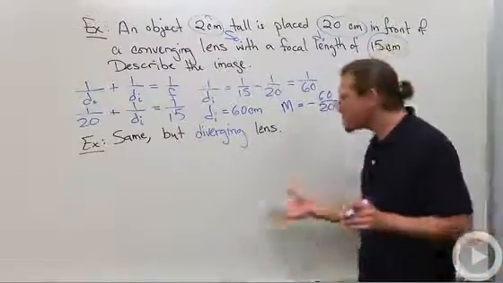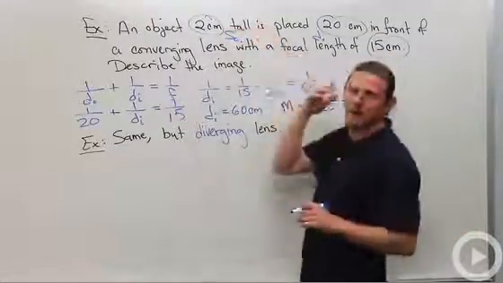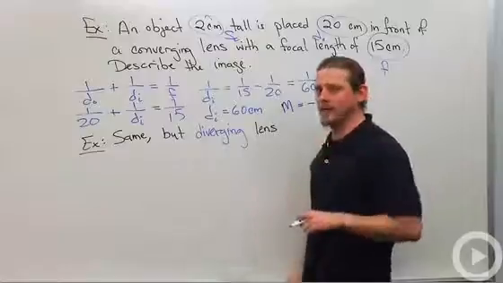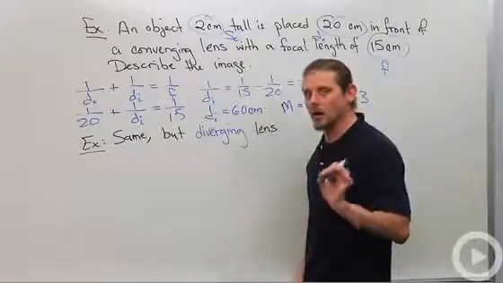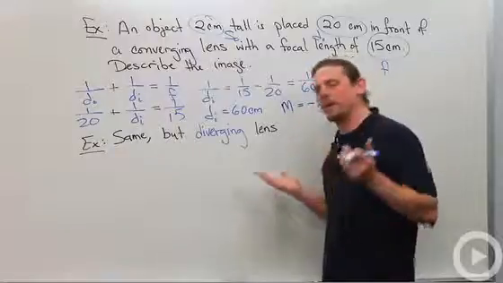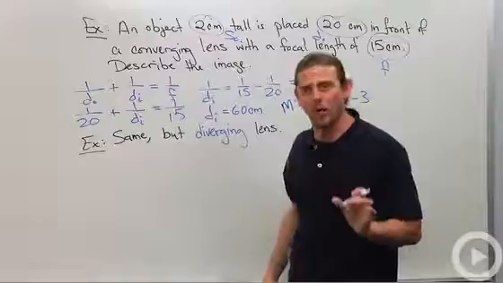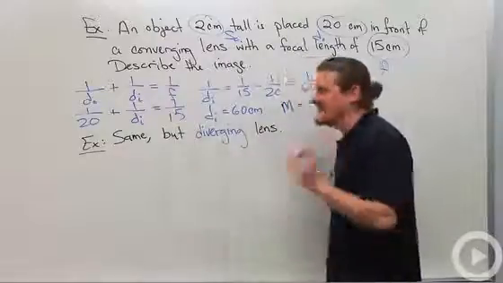All right, so let's look down here. The next example is everything's exactly the same, except it's a diverging lens this time, not a converging lens. What's the difference between a converging lens and a diverging lens? The difference is that the focal length should now be taken to be negative.